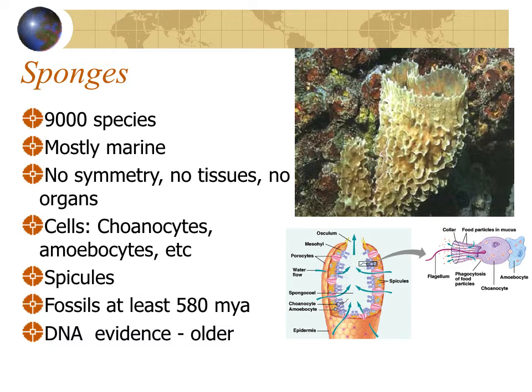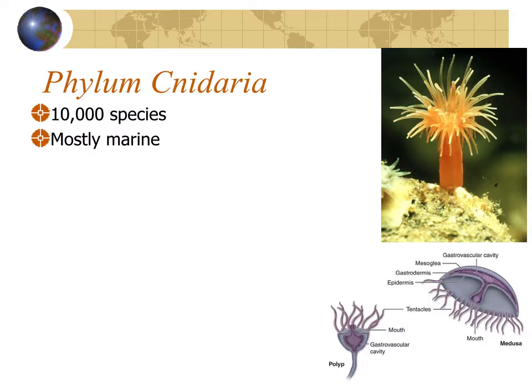And so the primary cells are called choanocytes, and then amoebocytes come there. The DNA evidence suggests these are the most primitive animals and are related to single-celled eukaryotes.